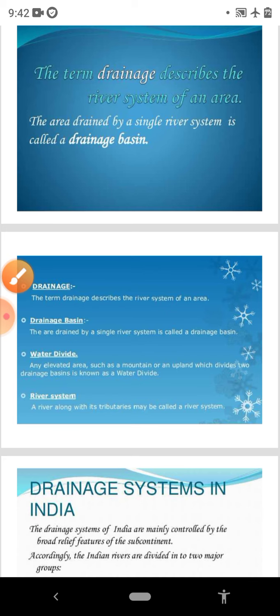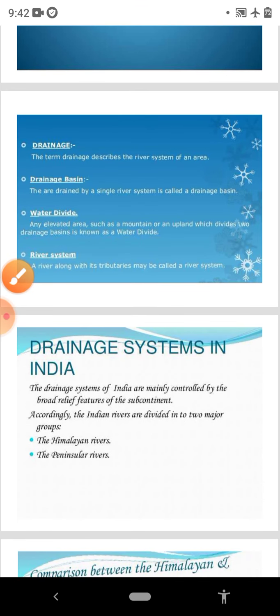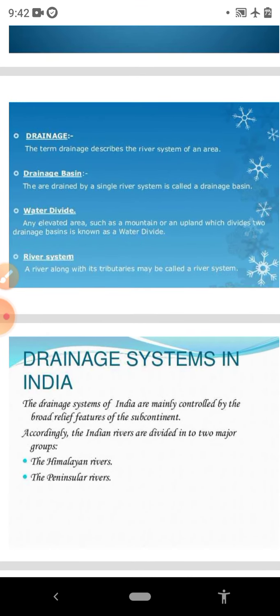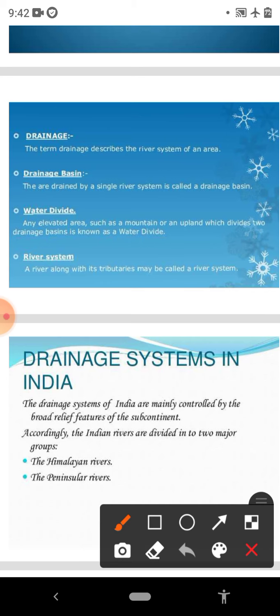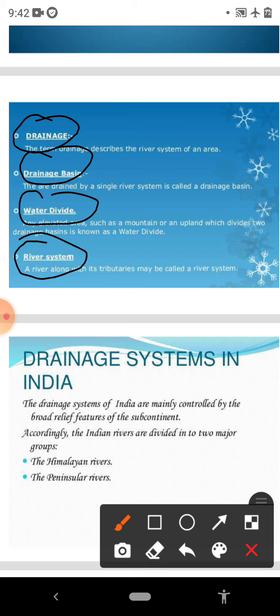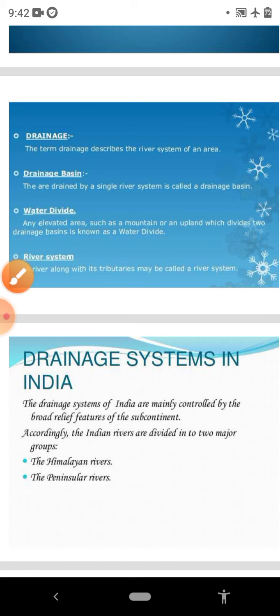In the second slide, some of the geographical terms have been included. You may go through these terms like drainage, drainage basin, water divide, river system. The term drainage describes the river system of an area, just as I told.